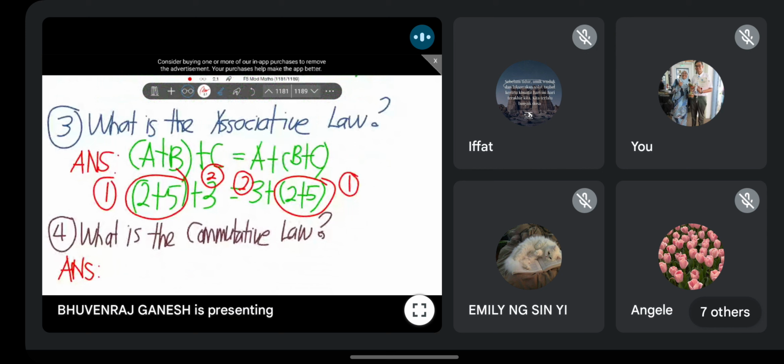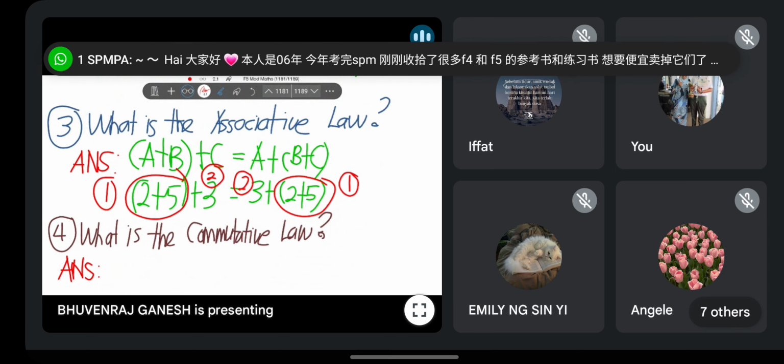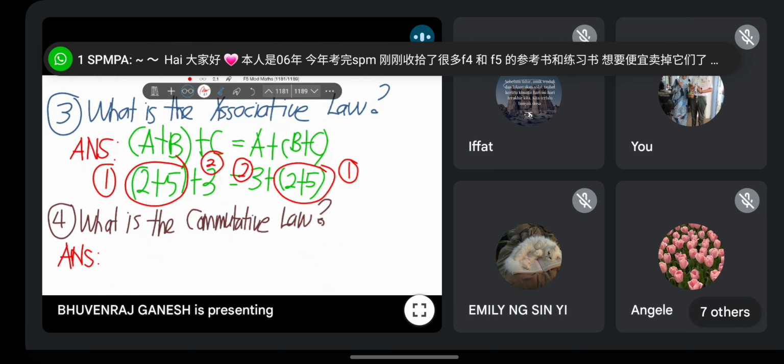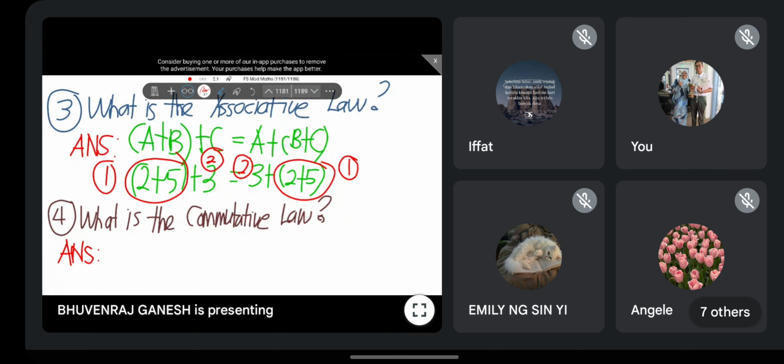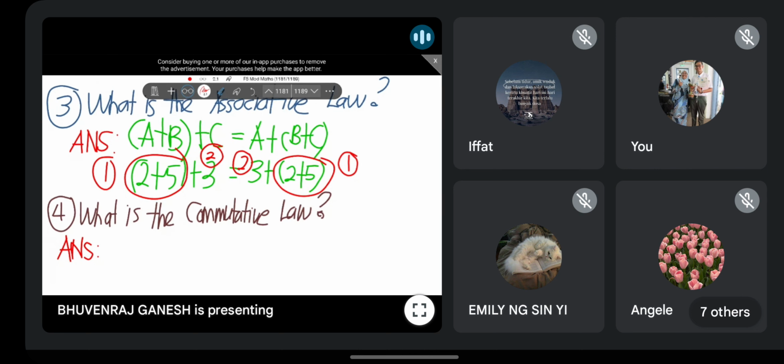So next one, commutative law. What is the meaning of the commutative law? I know most of you never memorized this because it's a very short part in the topic, but just in case. So anyone want to explain?